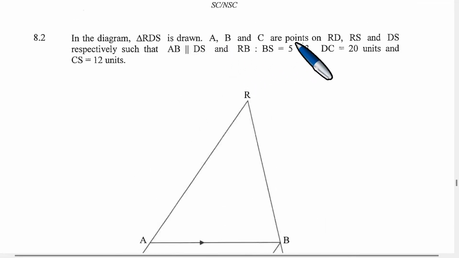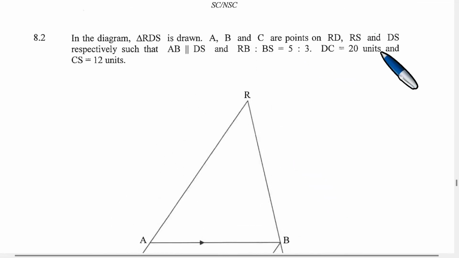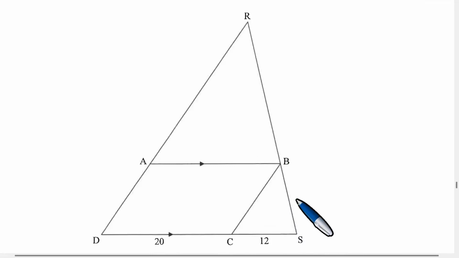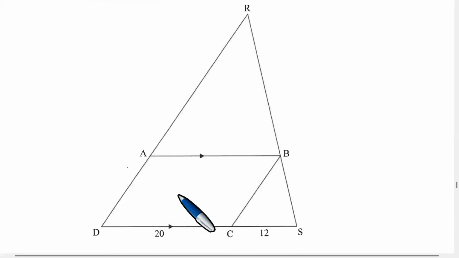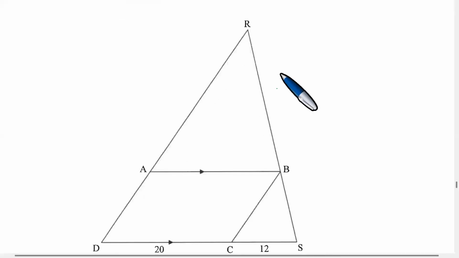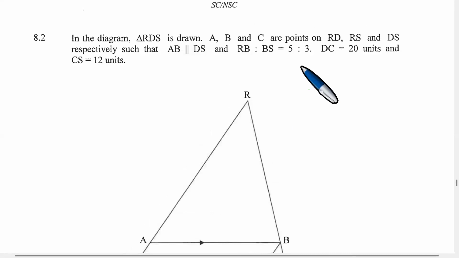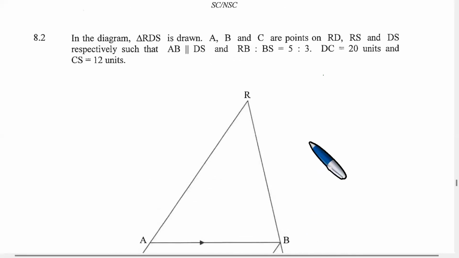A, B, and C are points on RD, RS and DS respectively, such that AB is parallel to DS. The ratio of RB to BS is 5:3.